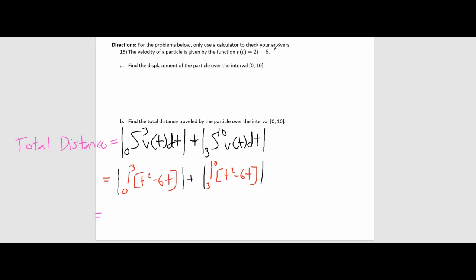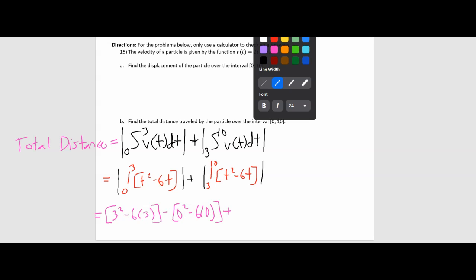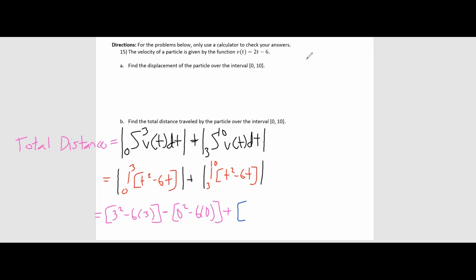Okay, now for the one on the left, I'll do that one in pink. So I get 3 squared minus 6 times 3, minus 0 squared minus 6 times 0, plus, I'll do this next one in blue, 10 squared minus 6 times 10, minus 3 squared minus 6 times 3.